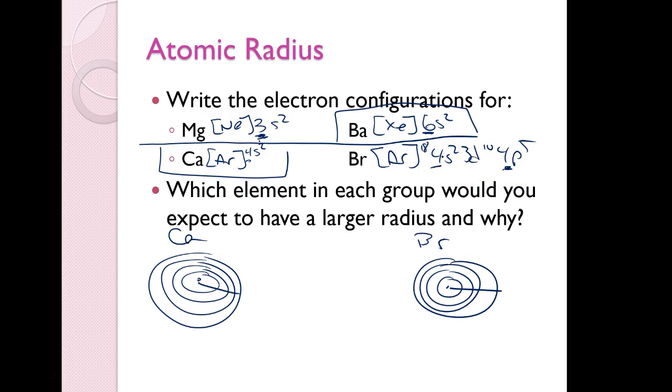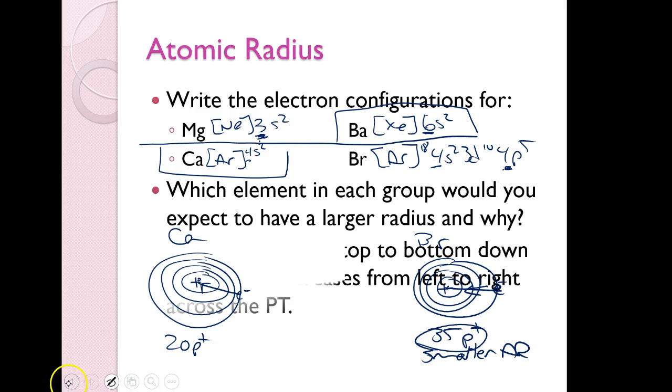They're in the same row. That's why they're both in the 4th row on the periodic table. But what happens is this has 20 protons and this one has 35 protons. Those 20 protons are pulling on this electron, pulling it in a little bit. But this one, there's 35 of them pulling on that electron, they pull it in much closer. So this one has a smaller atomic radius because of the protons.